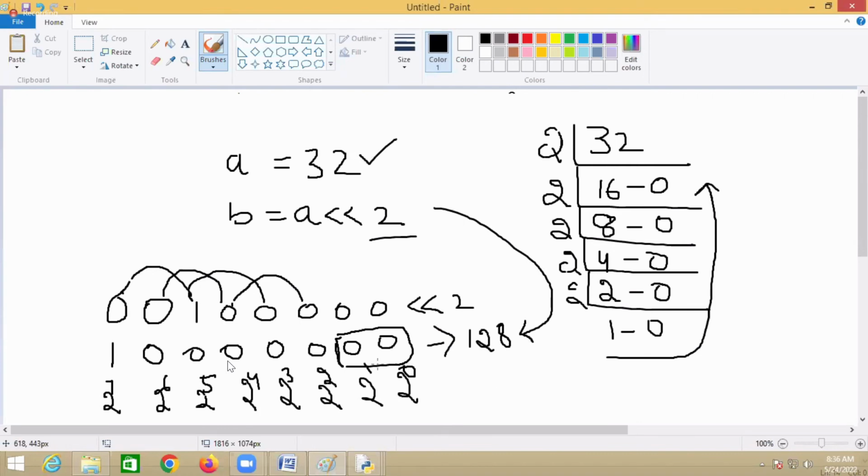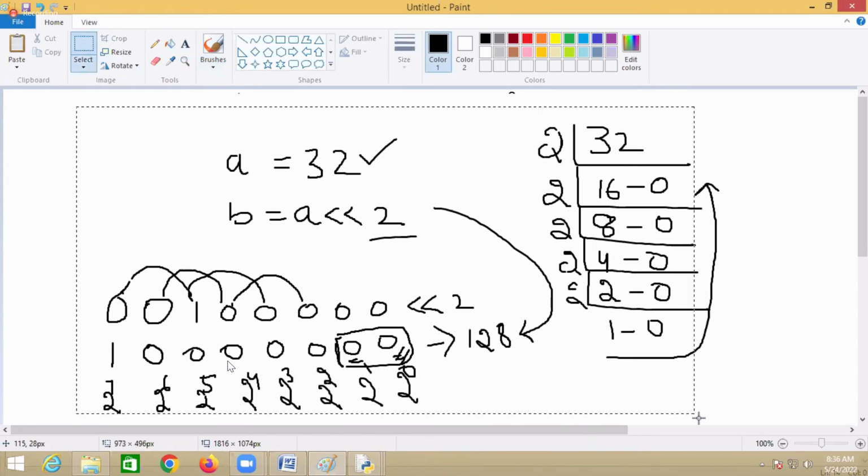Incremented. So what you have to do is add only that many bits at the right side. The number of zeros will be added at the right side, so the value is incremented.